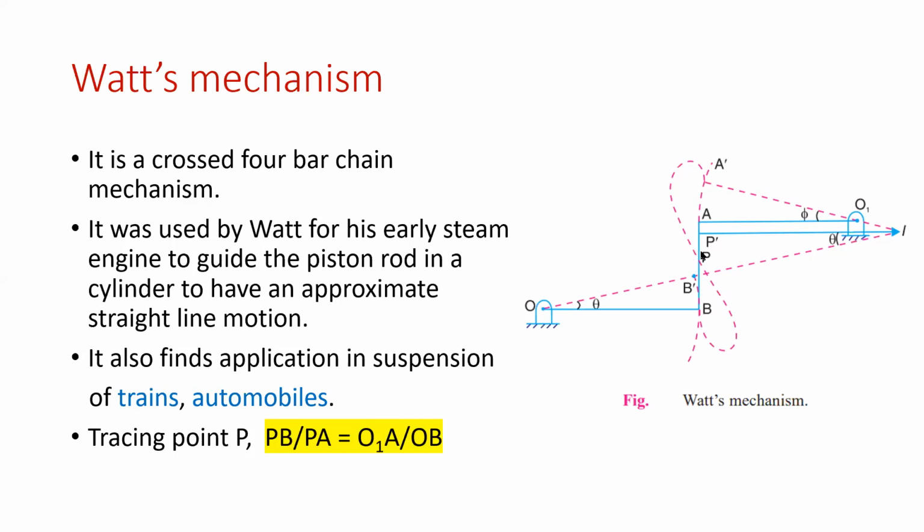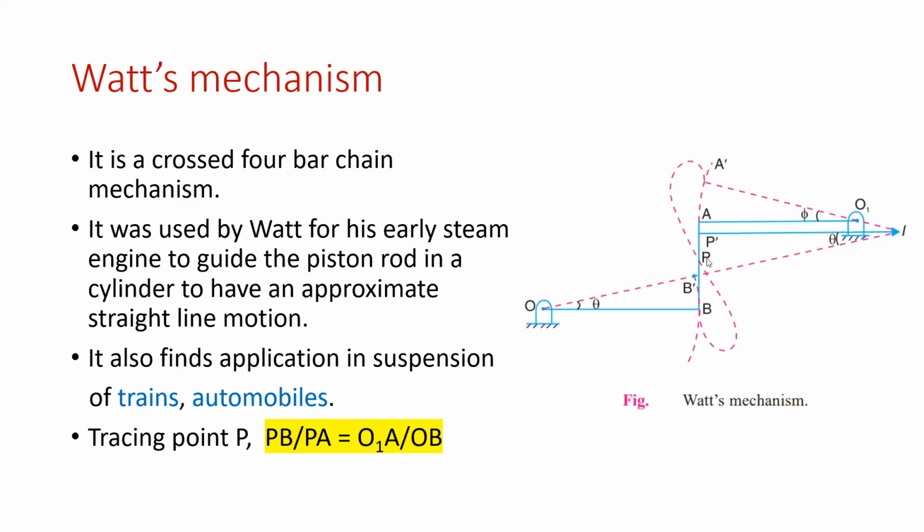Okay, so what will happen, in order to trace the path of point P, you can provide some arrangement over there. Some provision will be there where you can hold the pen at point P. Okay, pen or sketch or pencil. And when you will move the mechanism, you can keep a paper in the back of it.